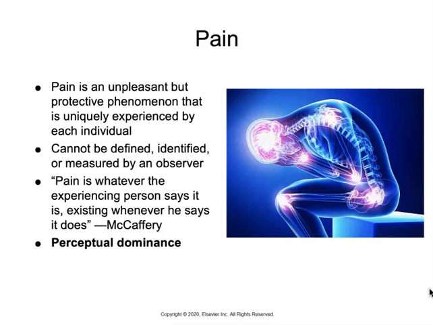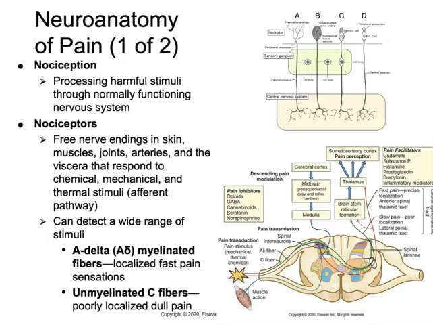And lastly, we have the neuromatrix theory, and this kind of expands on the gate control theory we just talked about, because it starts to consider the genetic, psychological, and cognitive factors, and our brain can start to generate pain patterns even without external stimuli, which really shows adaptability. So with those in mind, let's jump into the neuroanatomy of pain.